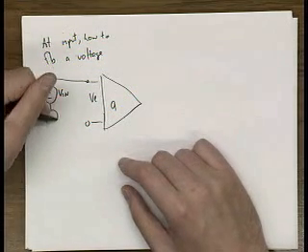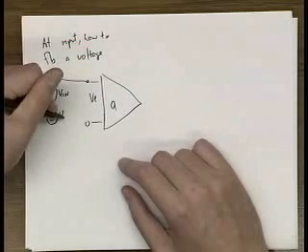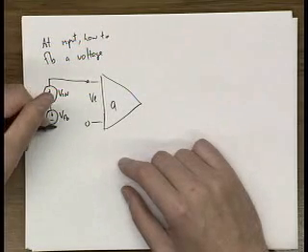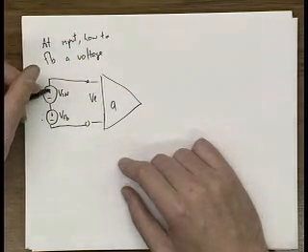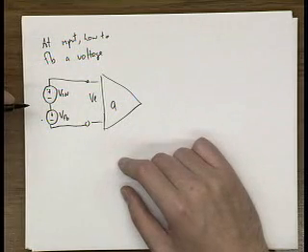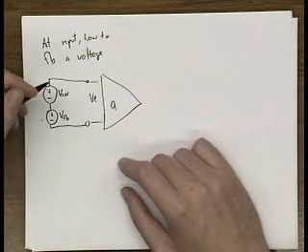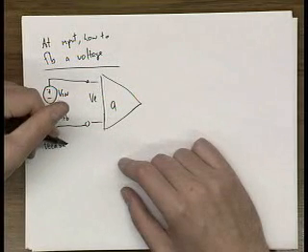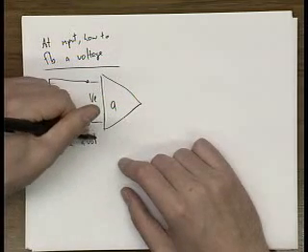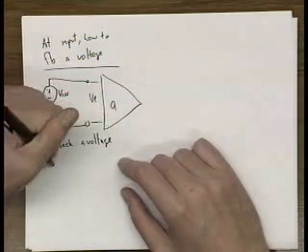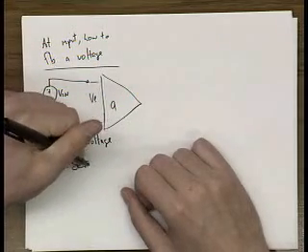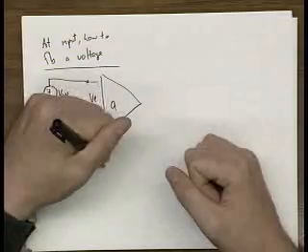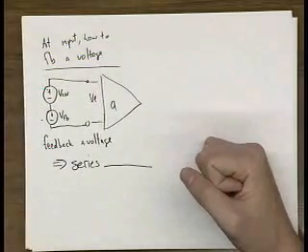In order to do that, you put your voltage source in series with your input source. See that? So therefore, feeding back a voltage implies a series connection. And so it's going to be a series blank network.